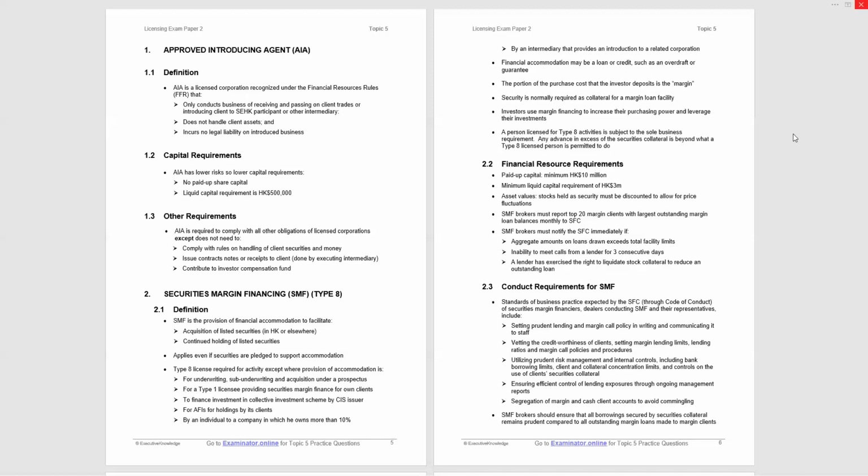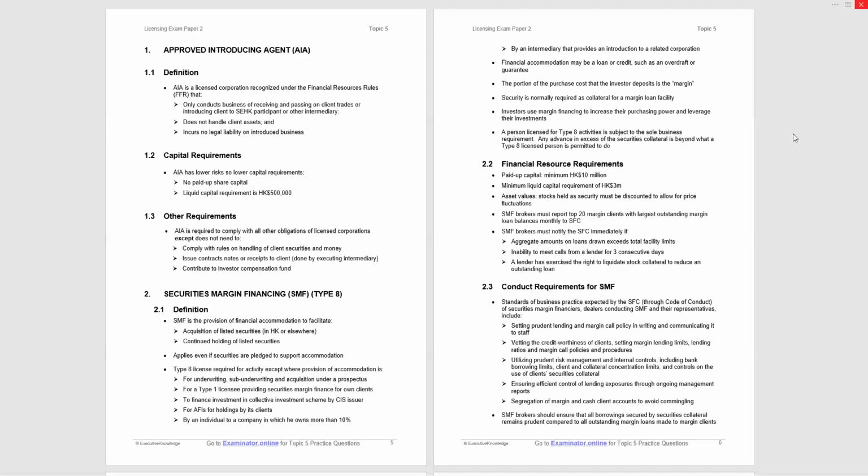Now, the driving force behind the regulation of the Type 8 licensee is that the SFC wants such financiers to act like banks. They're not regulated by the HKMA, but the SFC wants to make sure they have the controls, procedures, processes in there to mitigate the risk of lending money.